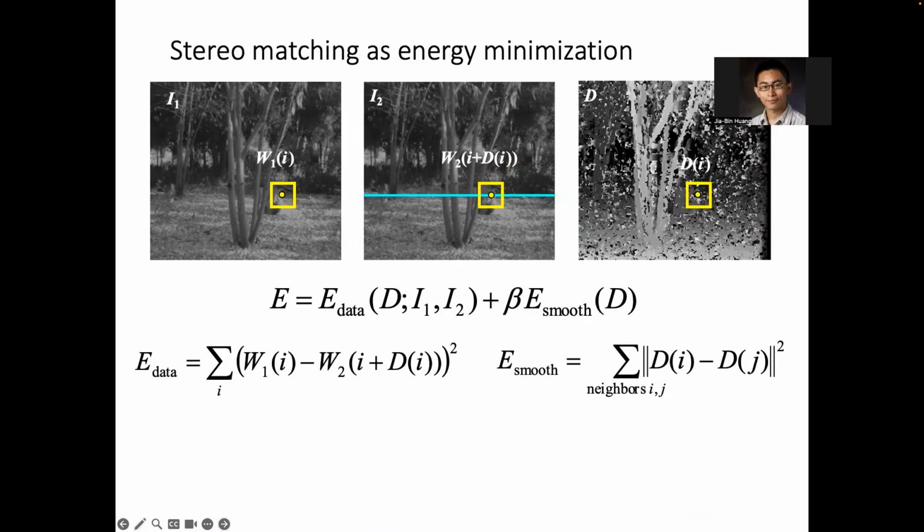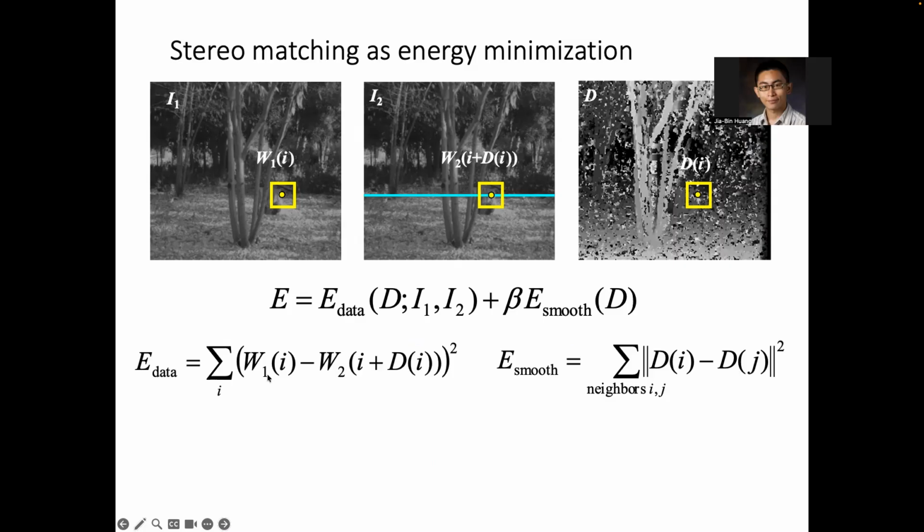Instead of saying every patch makes a decision by itself, we can cast this as an optimization problem, where for a patch from image 1, I try to find the disparity, the shift, such that the shifted window from image 2 matches as well as possible. So I want to find the d_i such that the difference is the smallest. This is the data term.